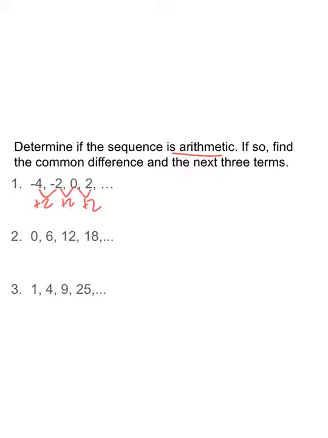So because this is the same change happening each time, it is arithmetic. So we'll write arithmetic. And the common difference, which is lowercase d, is +2. And then it asks us to find the next three terms. And so I know that my next term would be 4, and then add 2 more, 6, and then 8.